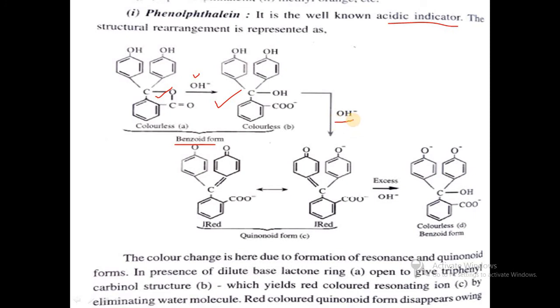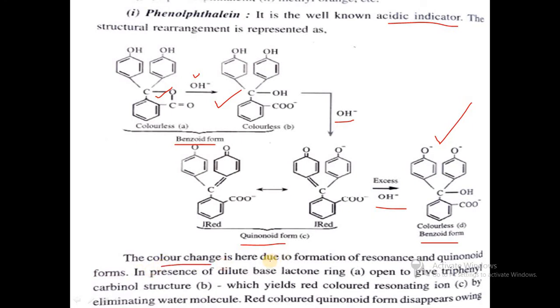When we add OH minus, then the resonance structures of quinoid form C are obtained. So the quinoid form arises after rearrangements, and when we use excess alkali, we get the benzoid form again, and the structure looks like this.